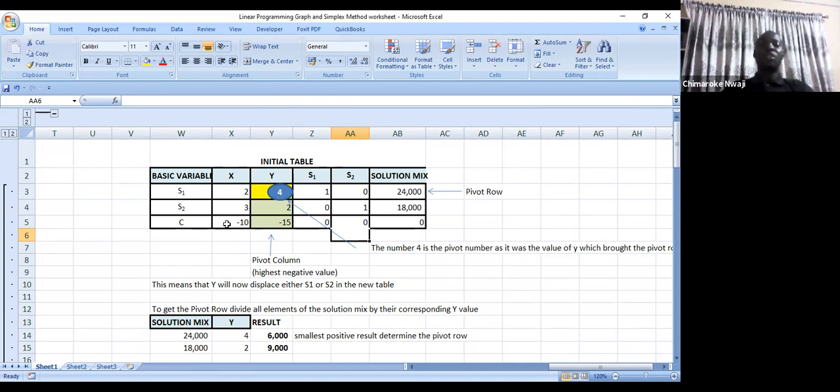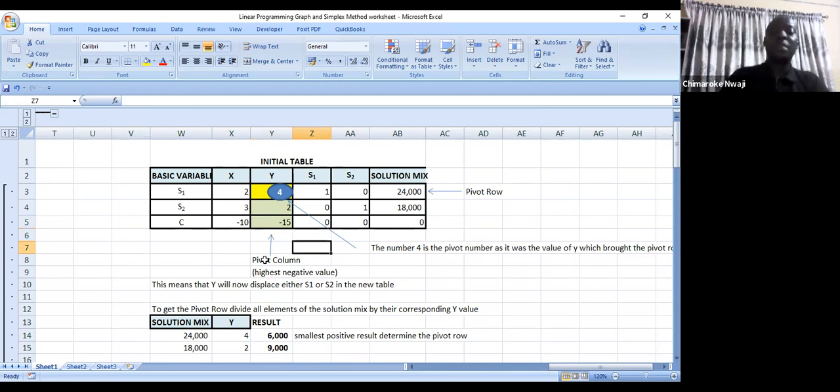Whenever there is a negative sign in the contribution, it means optimality has not been achieved. And if you want to achieve optimality, look for the highest negative value, of course, which is 15 here. So this 15 will become the pivot column.